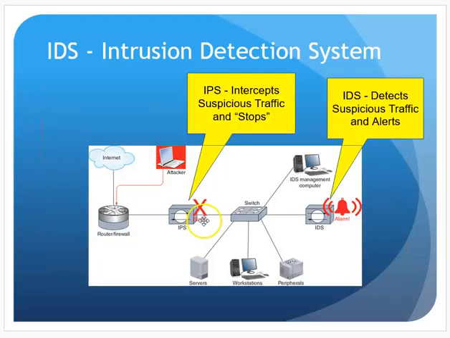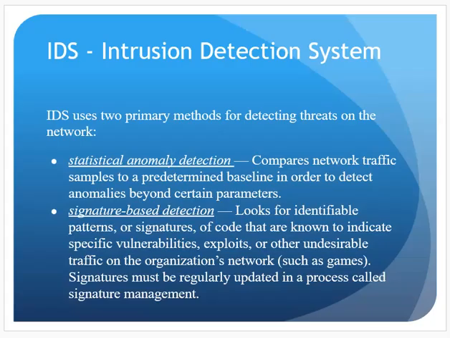So if I take a look at a network map, an intrusion detection system might be sitting back here. Basically almost like another node off of the switch that maybe servers are connected to, or out where the client devices are. And it's there to watch traffic and alert you if something seems out of the ordinary.